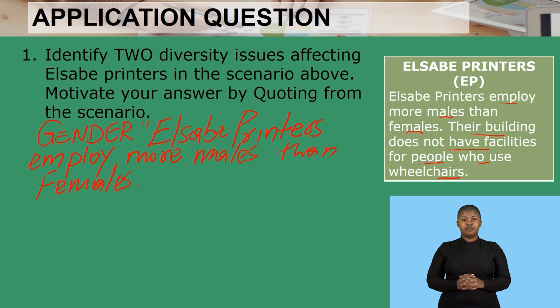That is one. Then you go to another diversity issue, which talks to their building not having facilities for people who use wheelchairs. So the diversity issue there is disability. Now, how do you quote to motivate there?